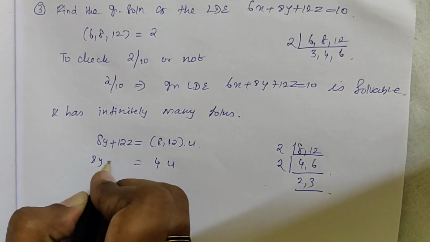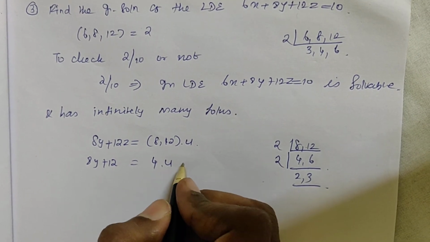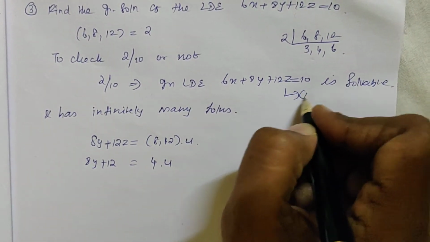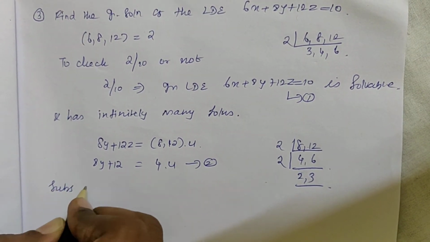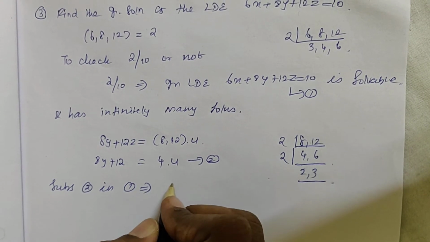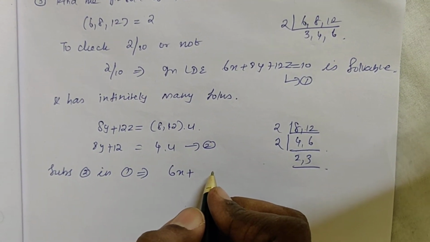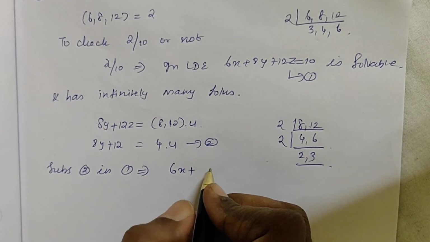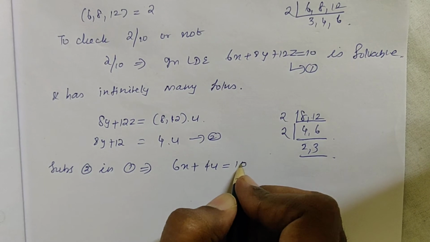Therefore 8y plus 12z can be written as 4 into u. Put this as equation number 1, this one as equation number 2. Substitute equation number 2 in equation 1. Then we will get 6x plus, instead of 8y plus 12z, you have to write 4u. The right side value is 10.